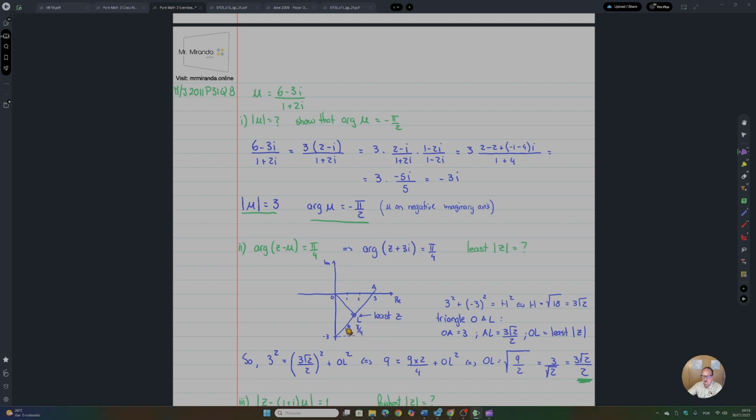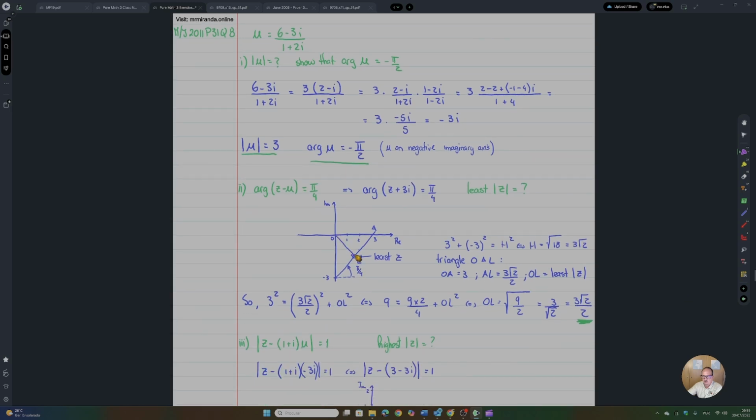So the value of z shall be anywhere on a line along this. What do you want? You want the least possible modulus of z measured against the origin. So what is this? This is a straight line that is perpendicular to this one. And you can just use trigonometry from now on to figure out how big this is.